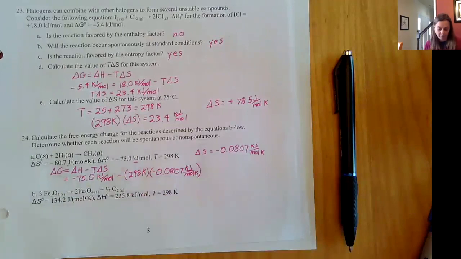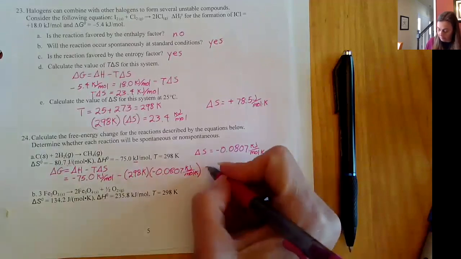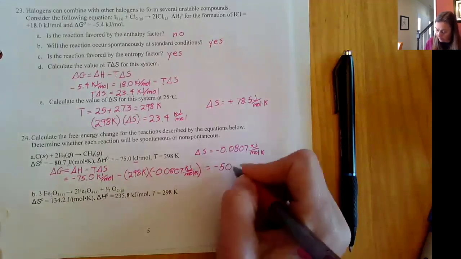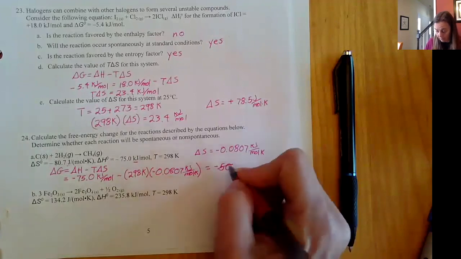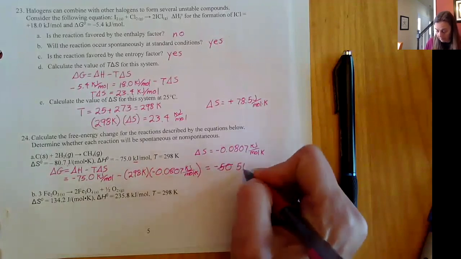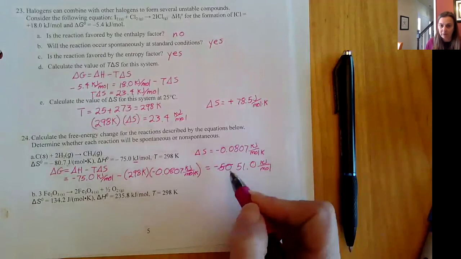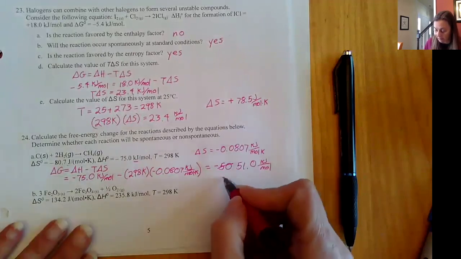And again, we have 298 times 0.0807. And we get that delta G is equal to negative 50.95, so negative 51.0 kilojoules per mole. Since this is a negative number, this is spontaneous.